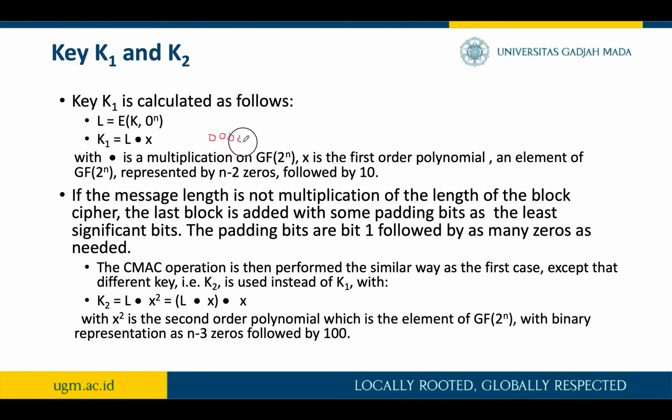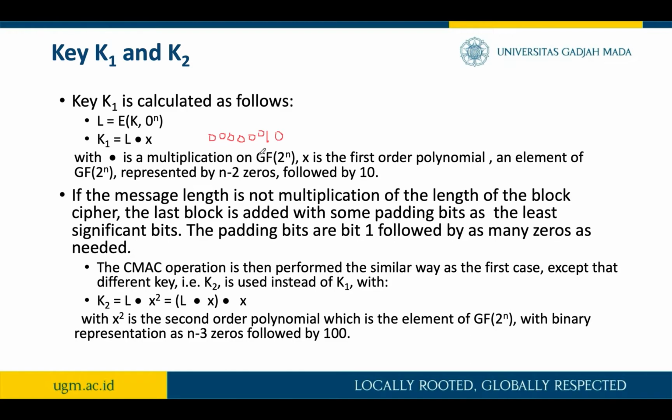Of course, if we use AES, then we will have 128 bits. If we have just 8, then X is like this: 1, 2, 3, 4, 5, 6, 7, 8. L is multiplied with this one. Actually, it is just a 1-bit shift left operation, and then a modulo operation is applied.